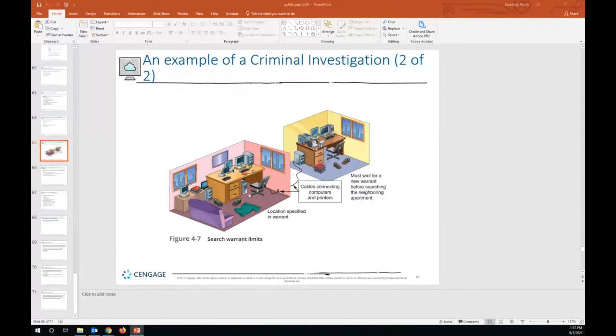This is a location specified in the warrant. So this will be all of the area that we have the rights to search. When we see the wire running through to the other office, we must wait for a new search warrant before we can go in and search this neighboring apartment.